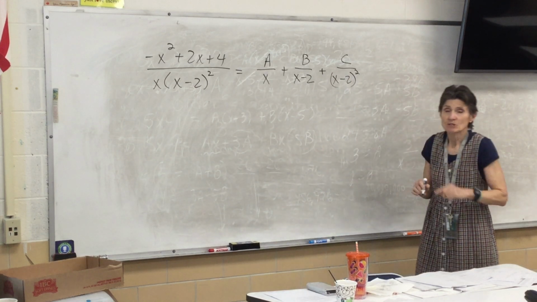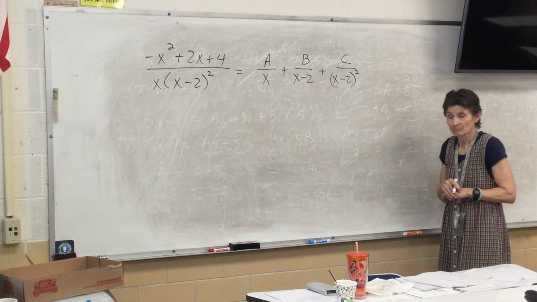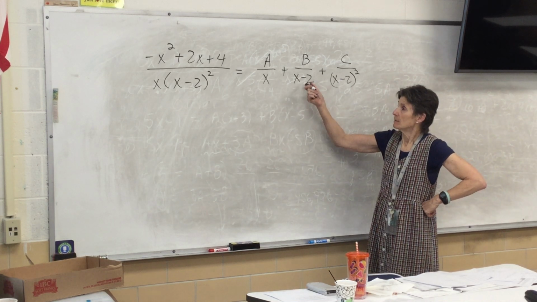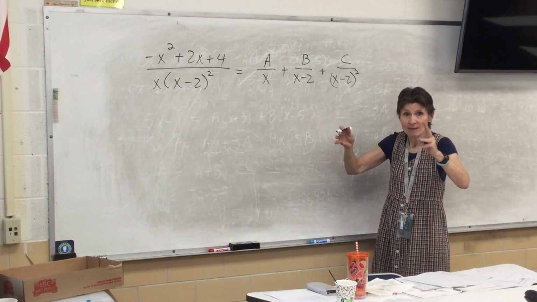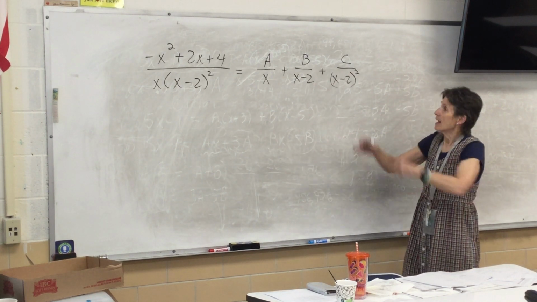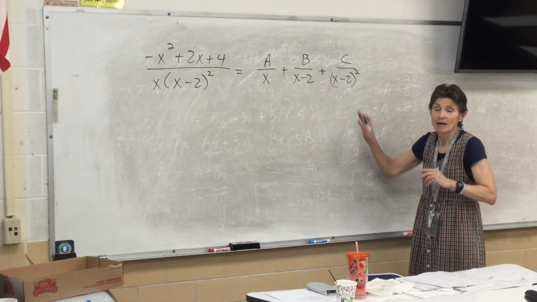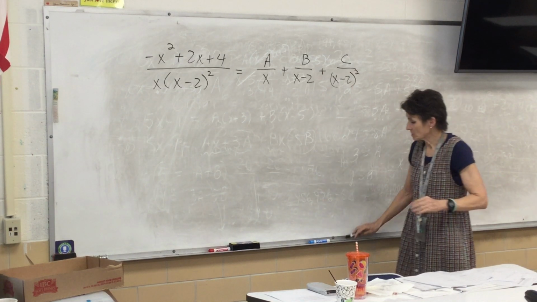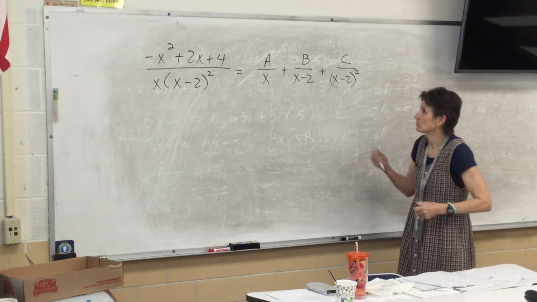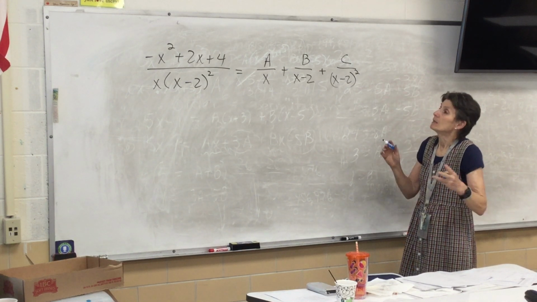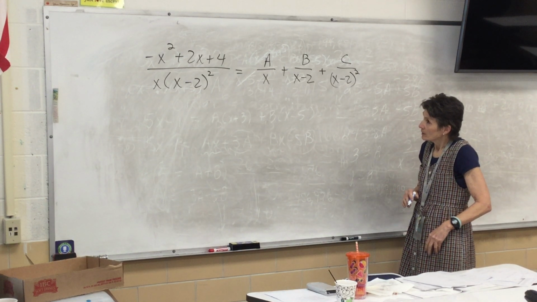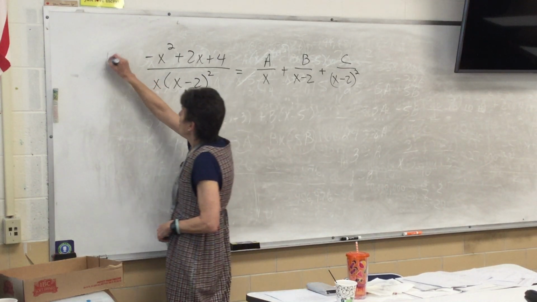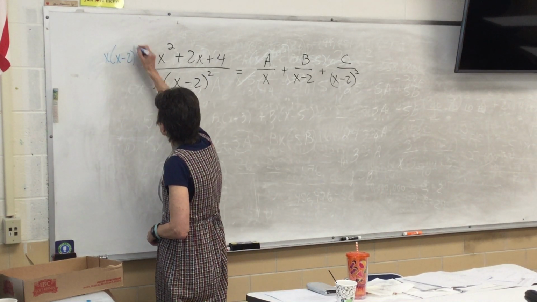When you have a squared factor, you must include the single factor, x minus 2 in this case, and then the squared factor. They both have to be included. That is only when you have a squared factor that you have to worry about that. Okay, so like before, I'm going to multiply everything by x and x minus 2 squared.